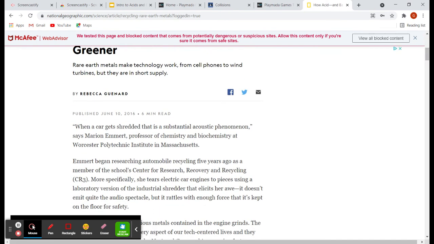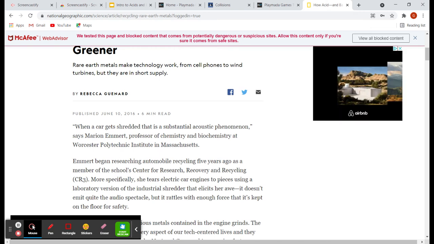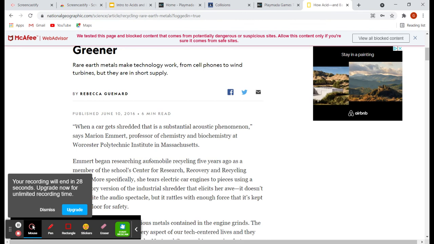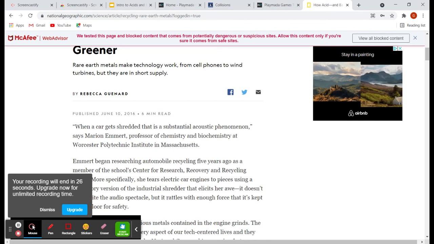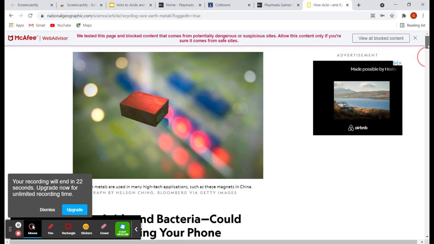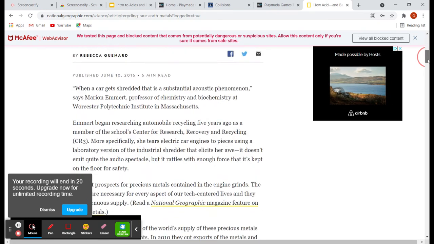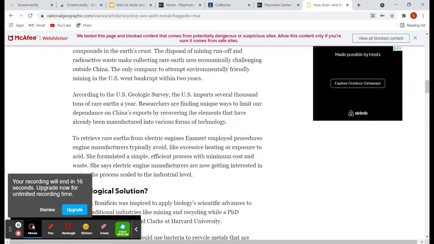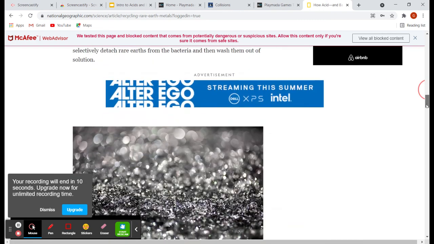But we're going to have a roundtable discussion on it tomorrow to see what we think about whether or not this is going to work, and about how cool it is that acids and bases are actually used in real life to help keep our earth green and help make our world a better place to live in. So, these are the two things that you need to do. Also, if you don't agree with that, that's fine too. I just want you guys to come in and tell me what you think about this.